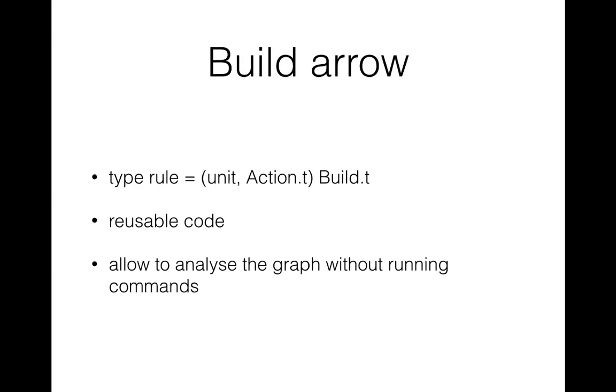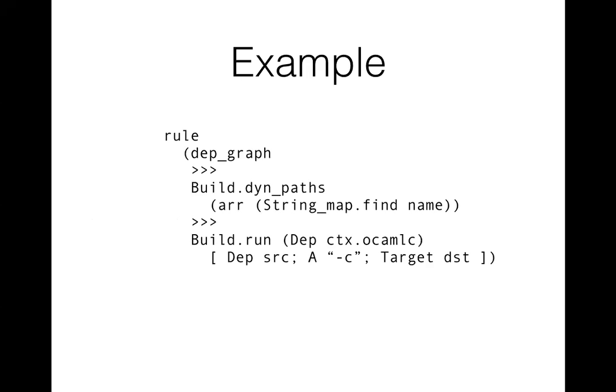So now I'm going to just show you an example of what the API looks like. That's typically a rule to build a module. So we'll call ocamlc on this module. To describe a command, we have this thing that's a bit like what we have in OCamlbuild, a small DSL for one command, except you don't have any bash, basically. In Jbuilder, I try to exclude the shell from everywhere and just use the basic things so that it's portable.